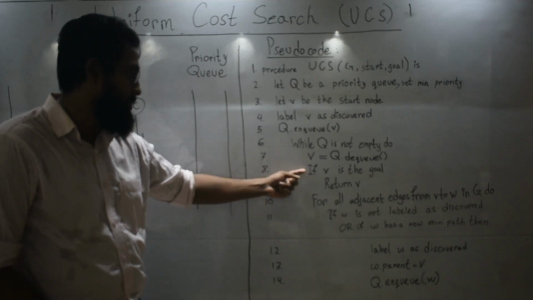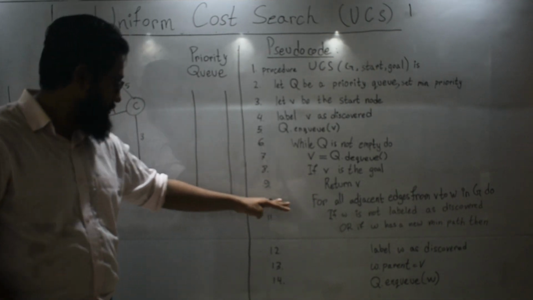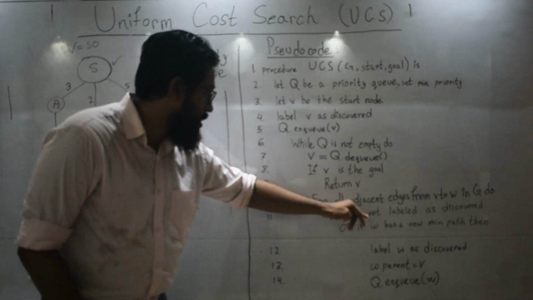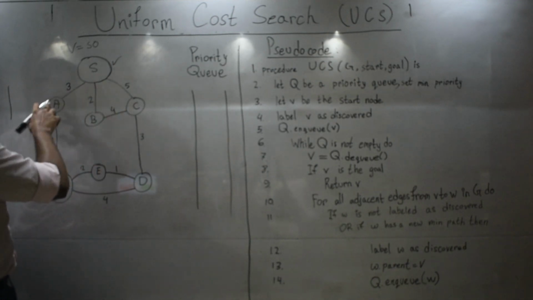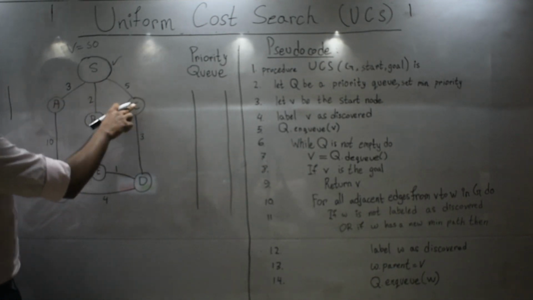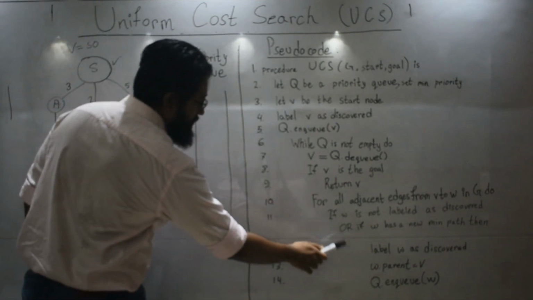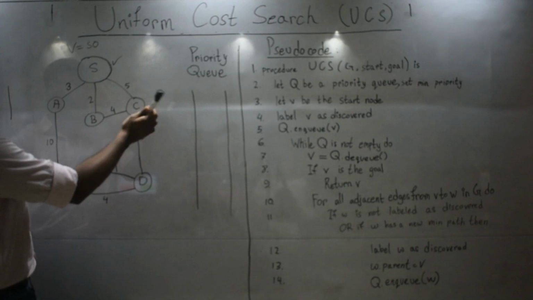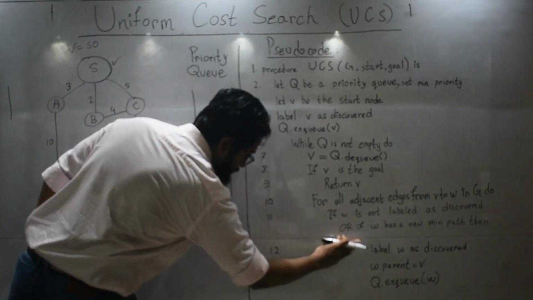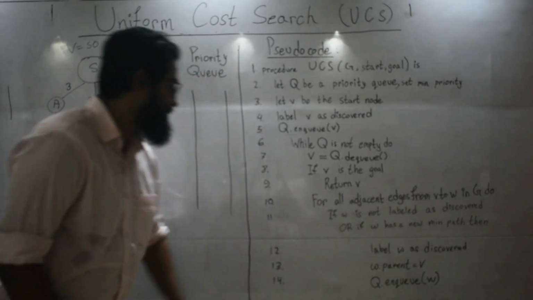No. So we will skip these two lines. We will go to this line. All the adjacent edges from this node, all these three, are the neighboring nodes. They are all undiscovered, so we will enter this condition and perform these.